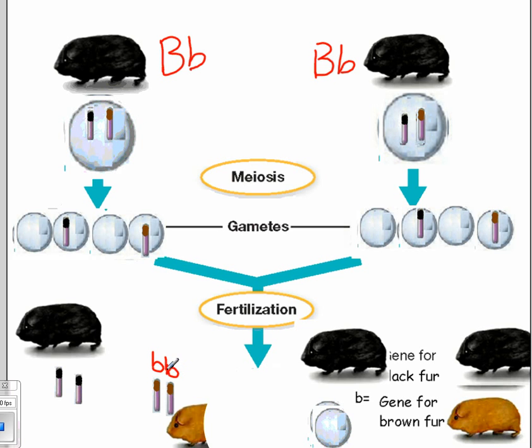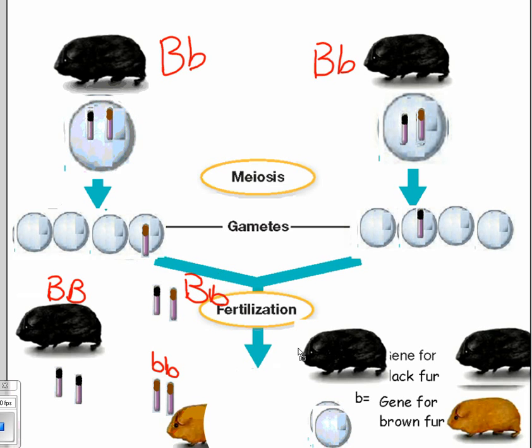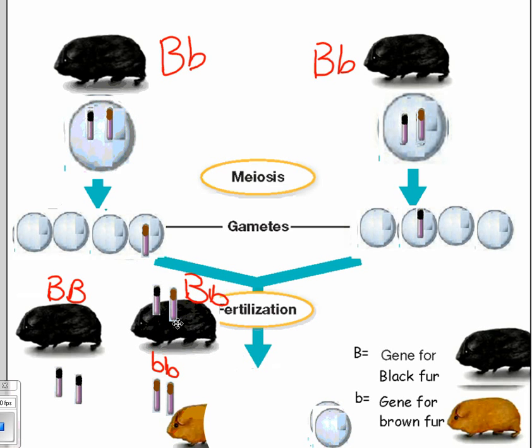Big B, little b. What's the genotype of this one? And if we have this one, what color is it? Black. And it's black. Good.